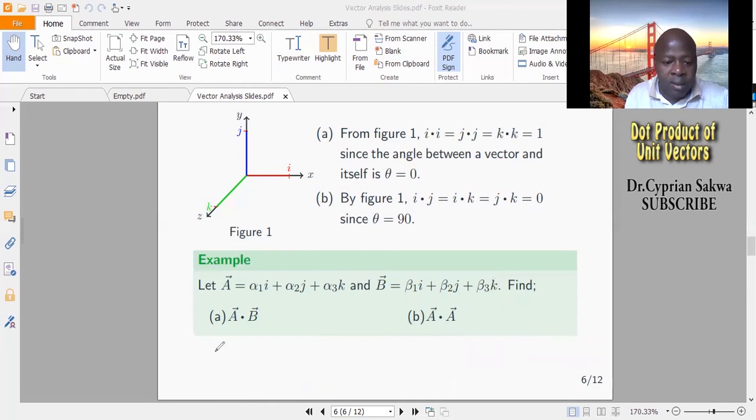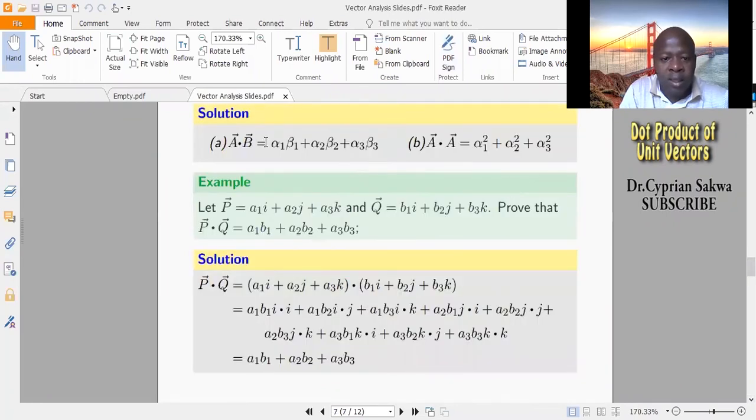A dot A is just alpha 1 square plus alpha 2 square plus alpha 3 square, because it's this dot itself. And that's how you compute the dot product of these unit vectors.